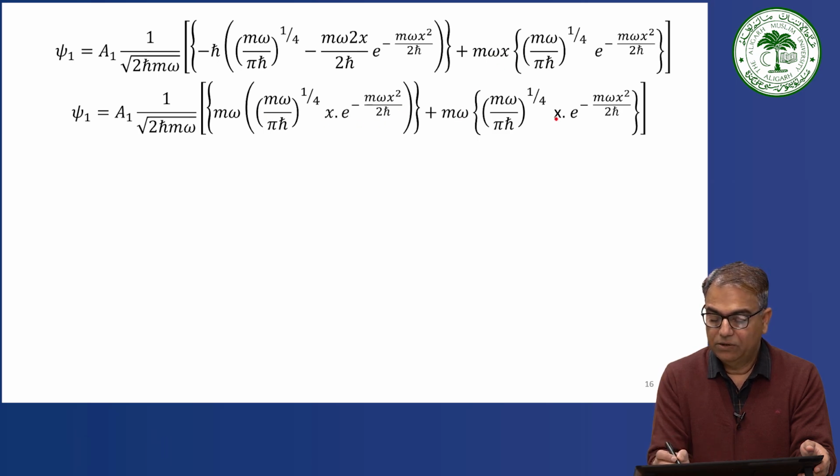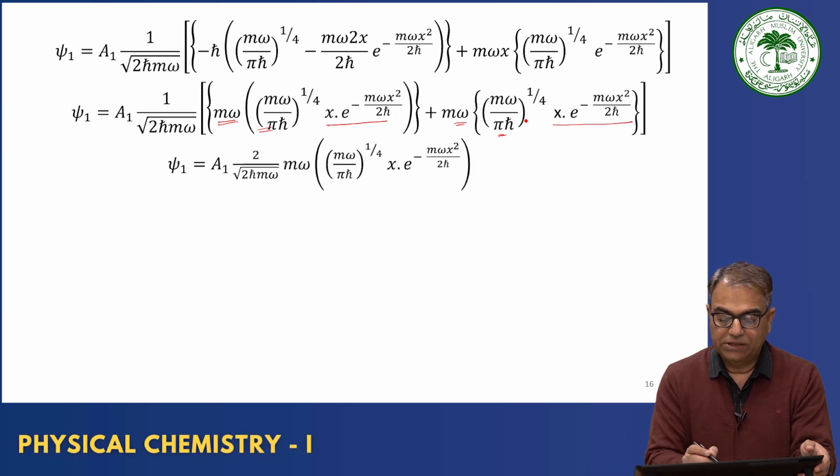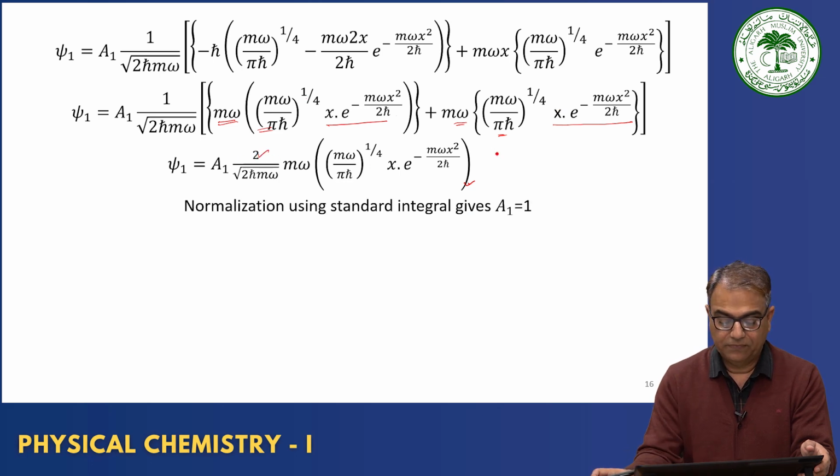So you have x here also, and this term here also, and you have (m omega over pi h cross) to the power 1 by 4 in both. So these terms are equal. There are two such terms, so multiplied by 2, and you get this easily because both the terms are similar.